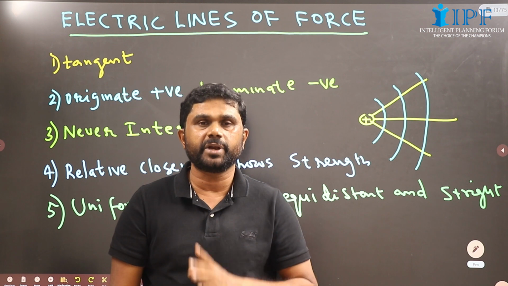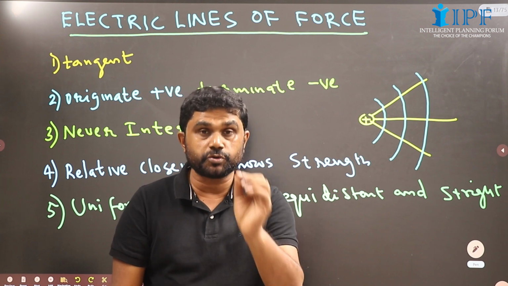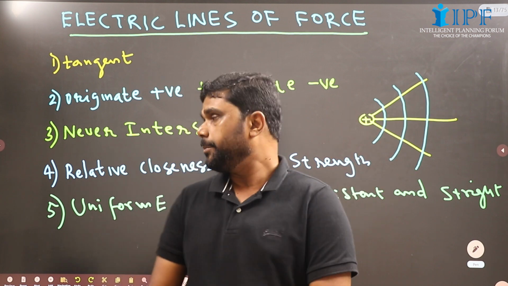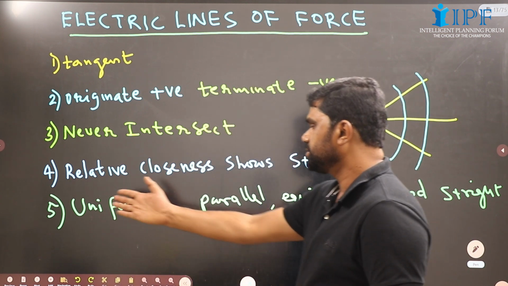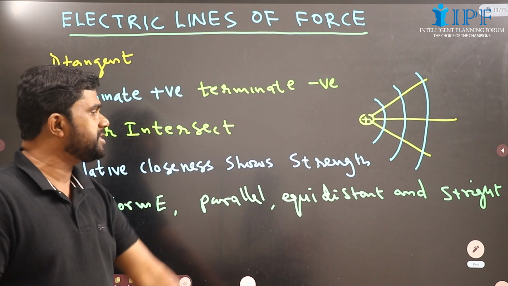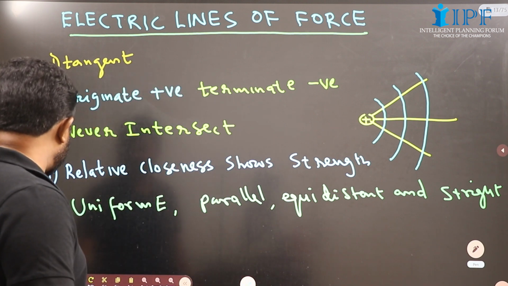So in a uniform electric field, electric lines of force will be parallel, equidistant and straight. Uniform electric field will be represented by parallel, equidistant and straight lines.